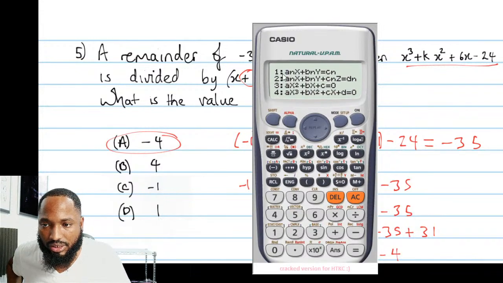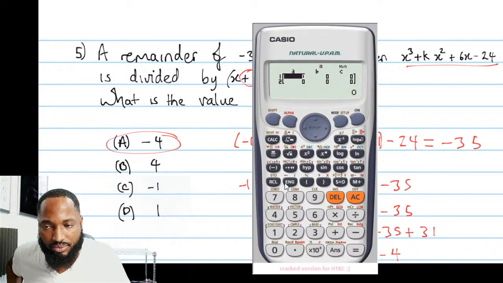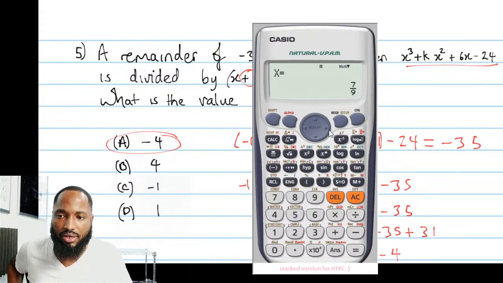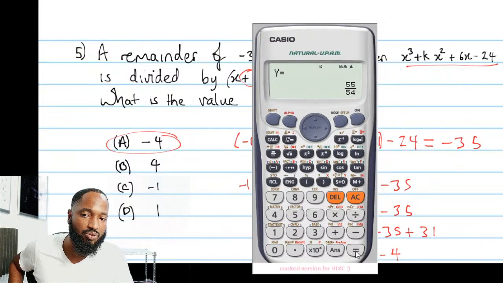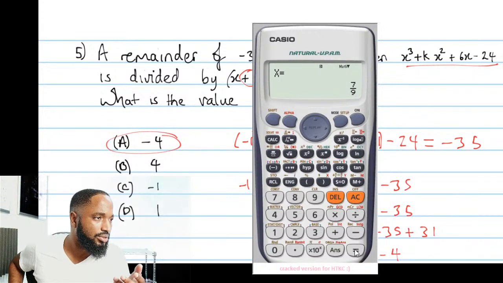Press 1 here, and you just put whatever is in the equation. 6, 10, understand? Negative 4. You put the coefficients of the x, the y, and the one that's standing by itself, and you'll find your x and y very quickly. Because remember, you have your calculator in this exam.